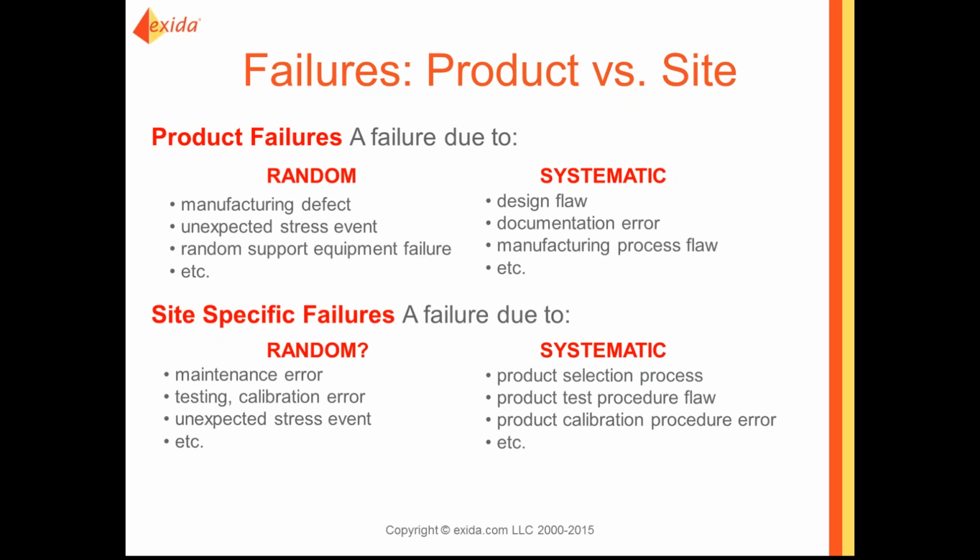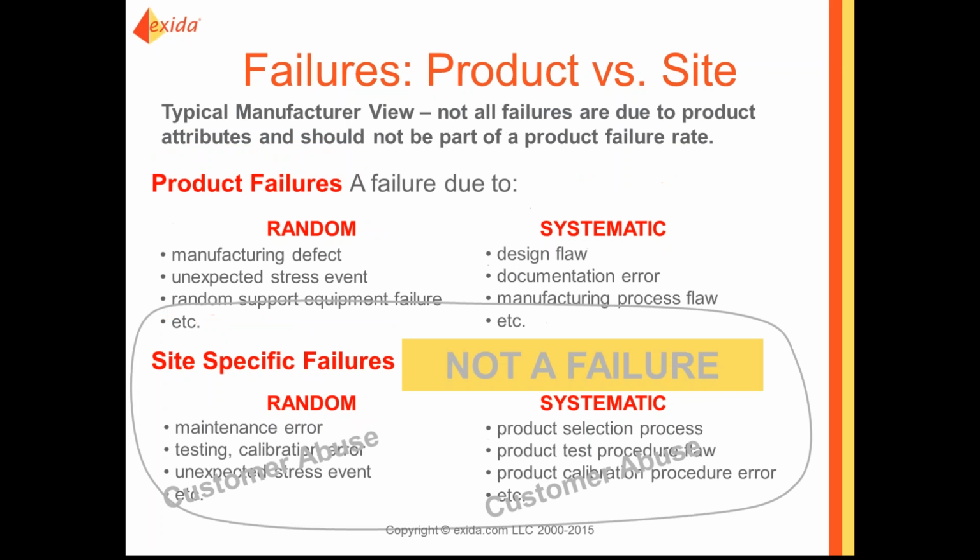Also systematic would be incorrect calibration procedures or selection procedures or test procedures at the site. And then what about failures on the site such as maintenance errors or test and calibration errors or unexpected stress events? Depending on who's looking at the data, they very likely could categorize this differently.